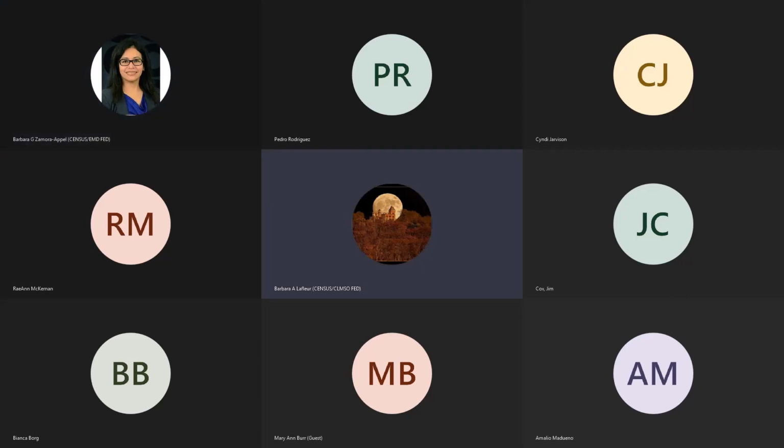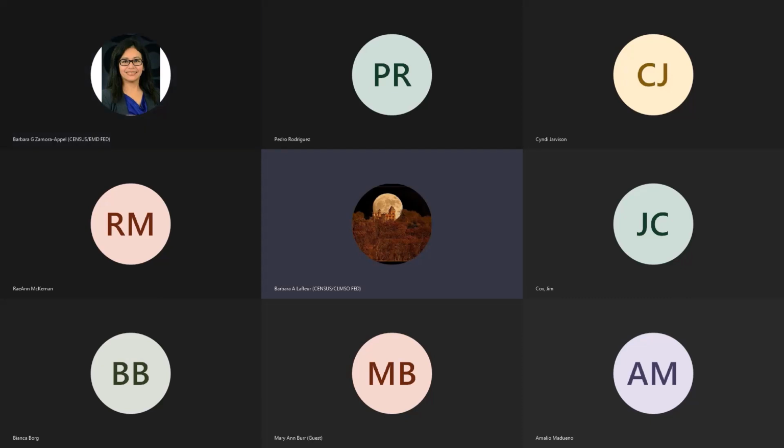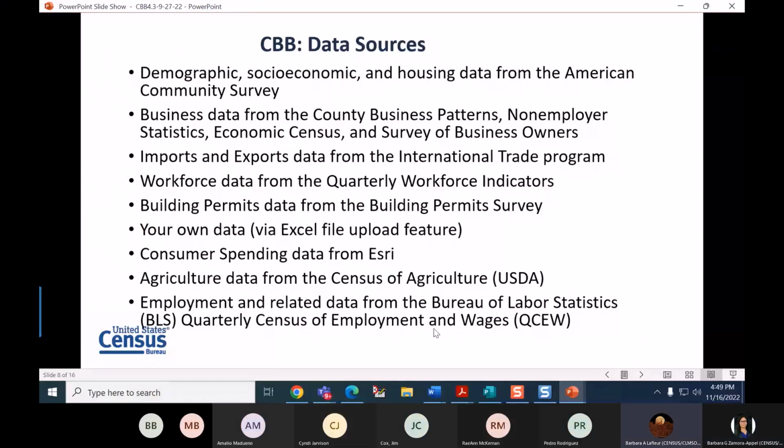Barbara has been very good to the data users and the state data centers across the United States doing presentations for them. So she's been a very busy person. So going back and forth, she just has to find it. Yes, do you see it? Yes, now we've got it, Barb.